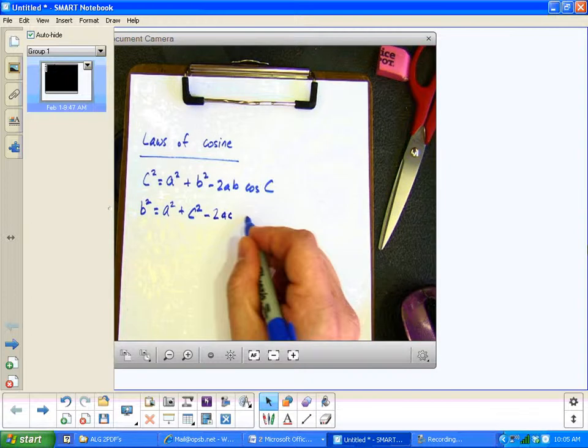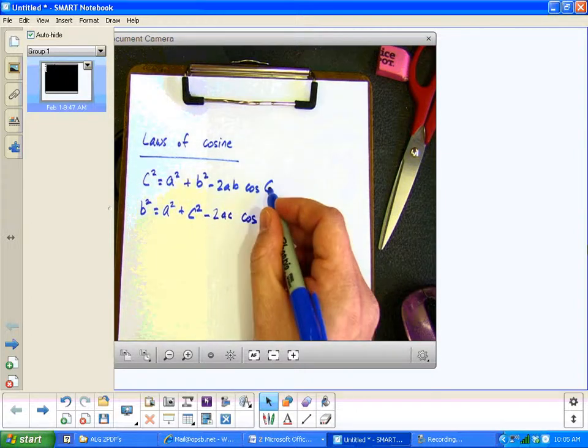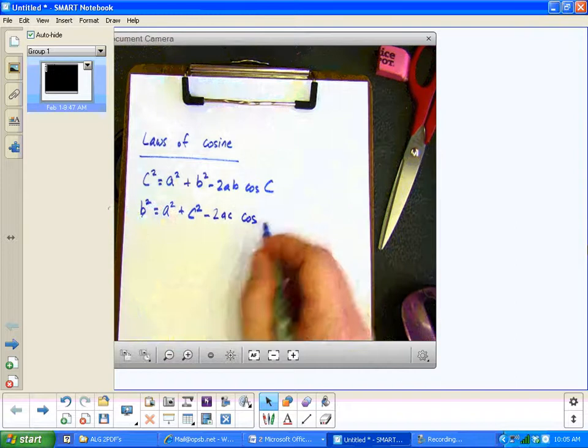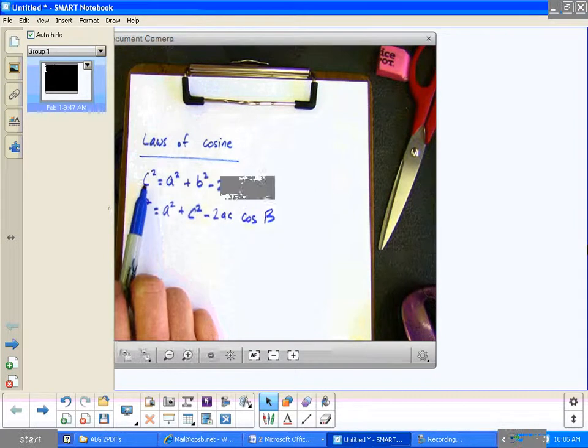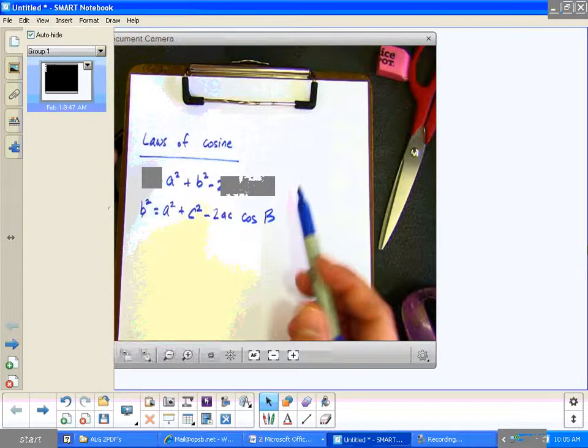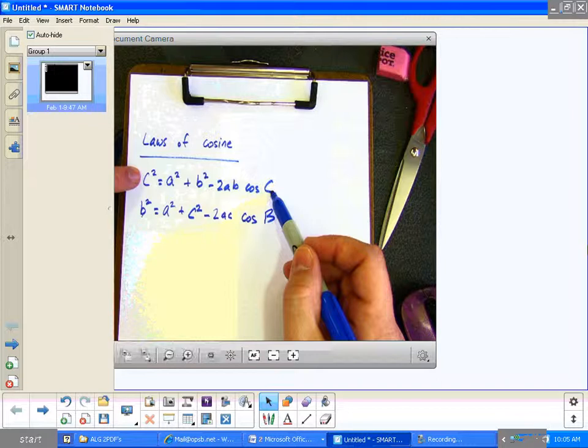And instead of cosine of C, it's going to be cosine of B. Y'all see the pattern in it? Yes. The one I'm looking for is, like, if I'm looking for angle C or side C, that's the one I'm using. So really, if you can look right here, look on the ends.